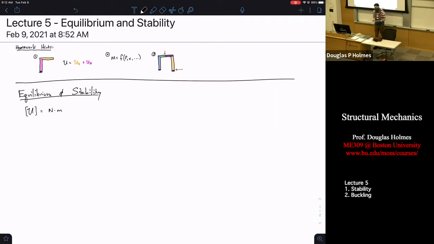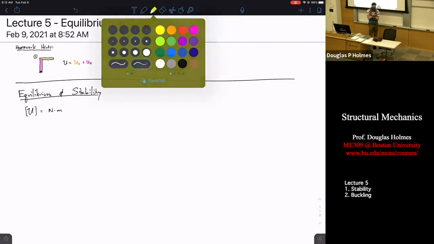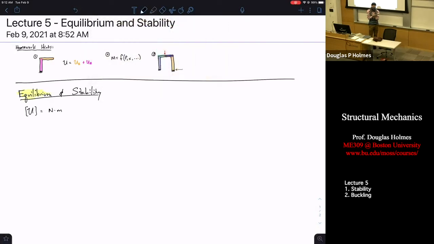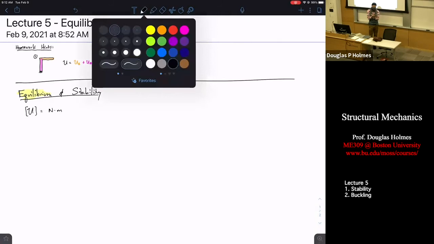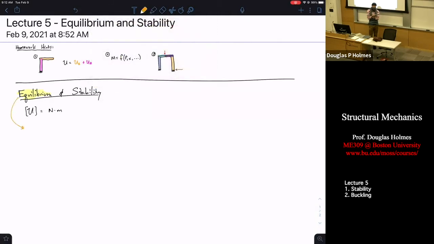So another way to think about equilibrium, if you're starting from a position of energy, is that if I simply take the derivative of my total potential energy with respect to, I'm going to write this as kind of a generic degree of freedom distance.